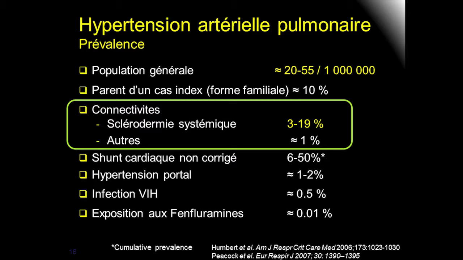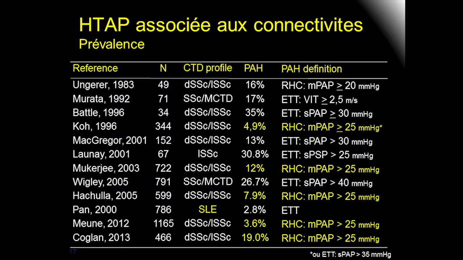More particularly, for persons with scleroderma, we think that it's about 5 to 8% of scleroderma patients who will one day go on to develop PAH. Over the last 30 years, a number of studies have examined the proportion of patients with scleroderma who will go on to develop pulmonary arterial hypertension and what are the risk factors that would allow us to predict who one day will have PAH.